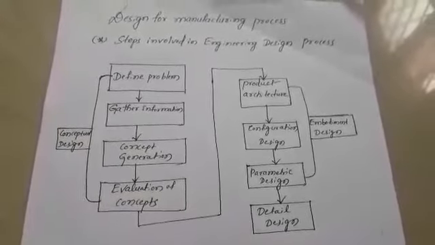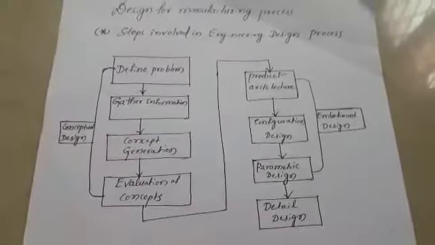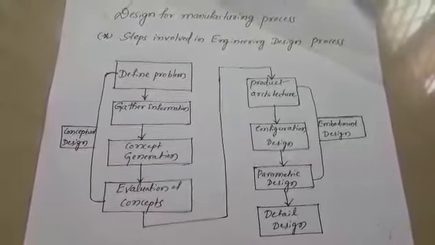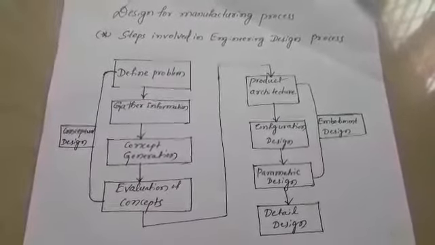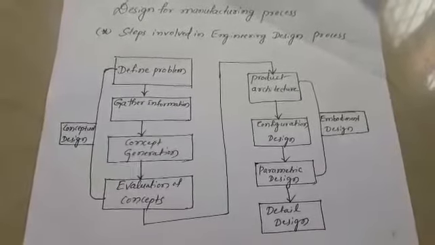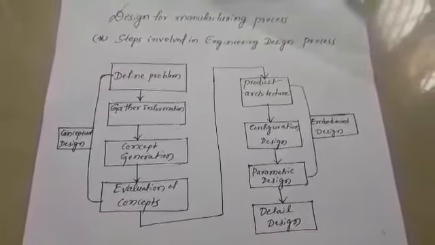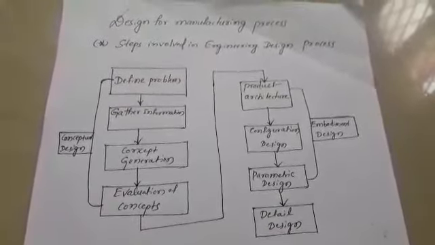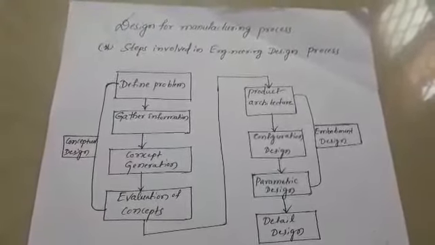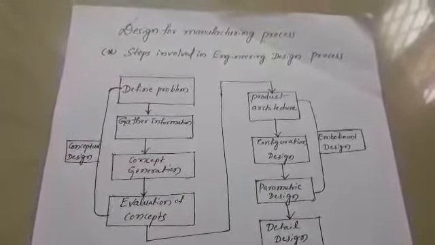In this step, we have to collect all the information about the product. Whatever information we collect should be helpful for developing and translating customer needs into engineering design. For example, I want to design a new bike or car. In this, I have to collect the information about the existing vehicle.